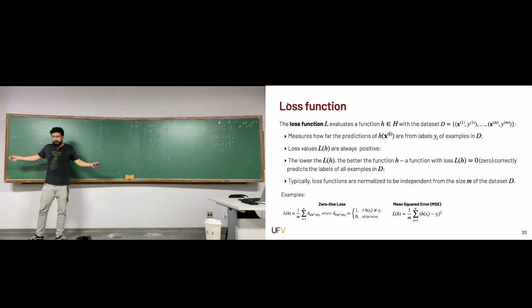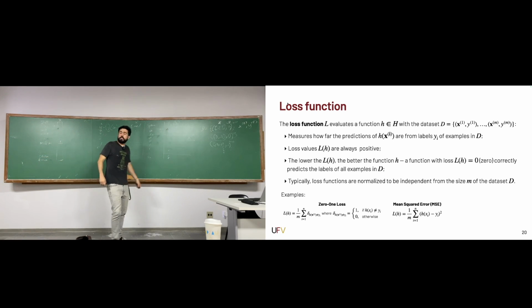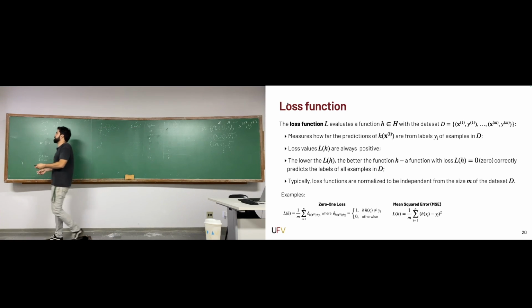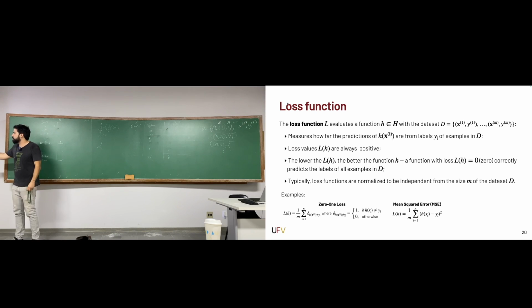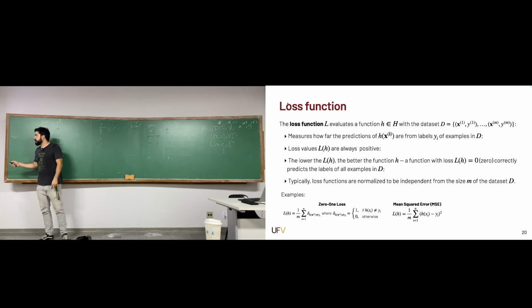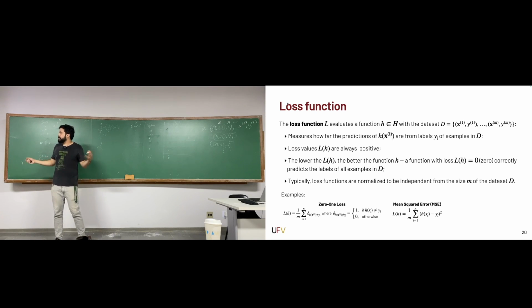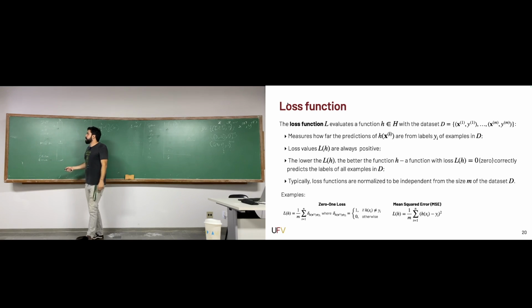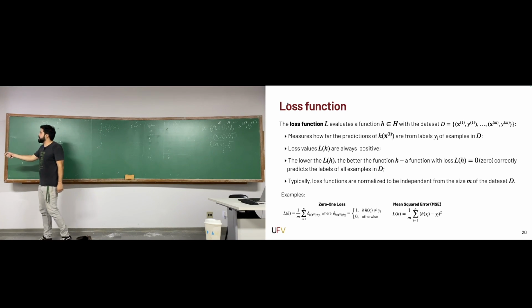But another very common loss function is called mean squared error or mean squared loss. There's many names for this formula. Perhaps the most common one is MSE, or mean squared error. It's called that because we are computing the difference between the prediction, h of x, and the real label.